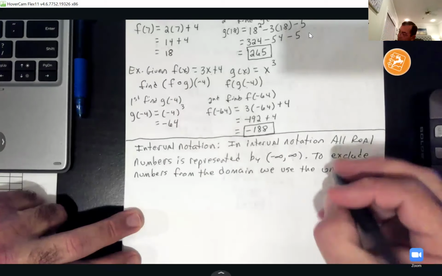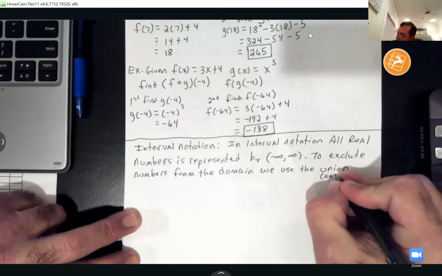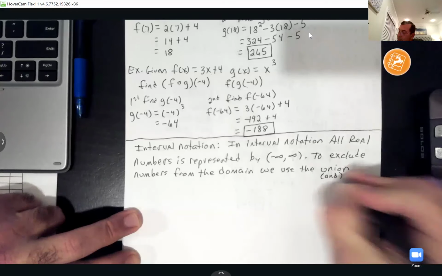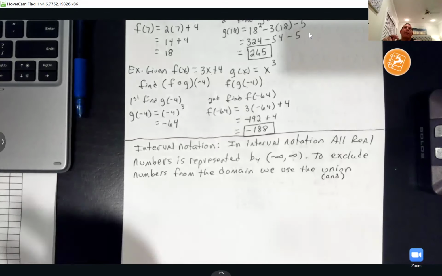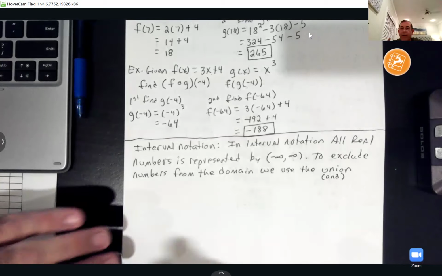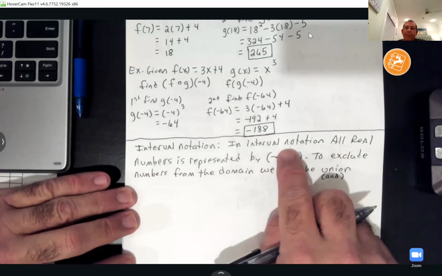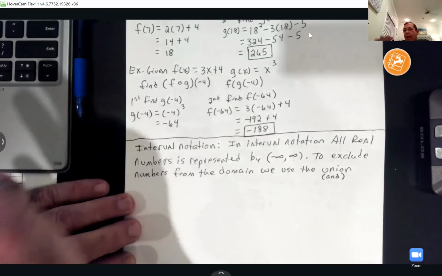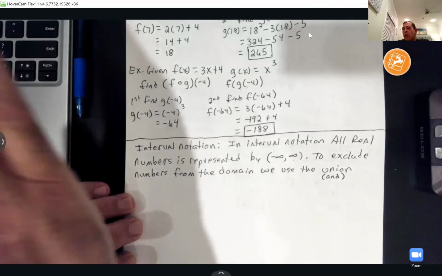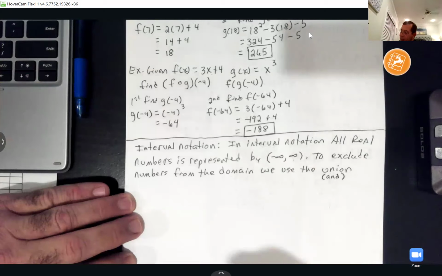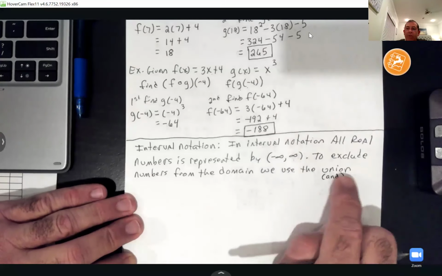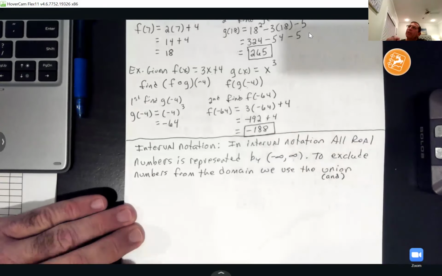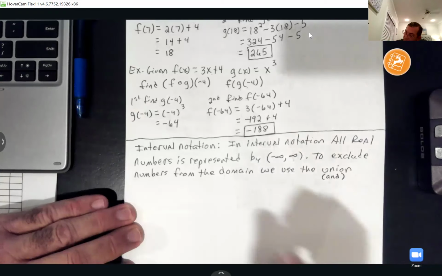So that union means and. Now the thing you got to realize in interval notation, if you're excluding a number and you don't want it counted, you use curvy parentheses around the numbers. Okay. So I'm going to show you how we would exclude a number A.